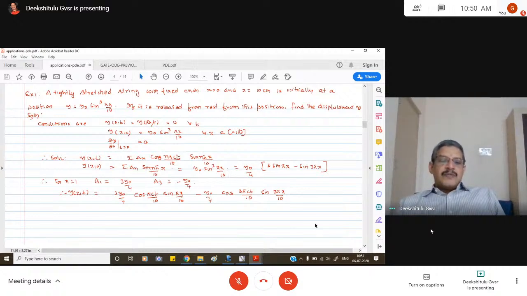So if you put this a1 and a3 in the given solution y of x, t, that becomes 3 y0 by 4 cos pi c t by 10 sin pi x by 10. a2 is 0, a3 is minus y0 by 4. a3 means n is 3, so cos 3 pi c t by 10 sin 3 pi x by 10.